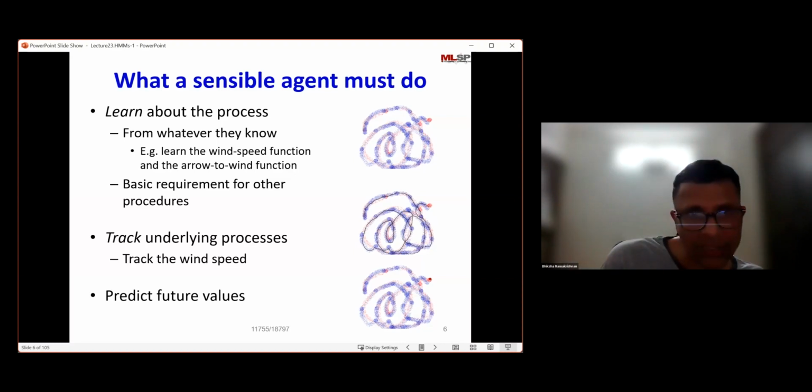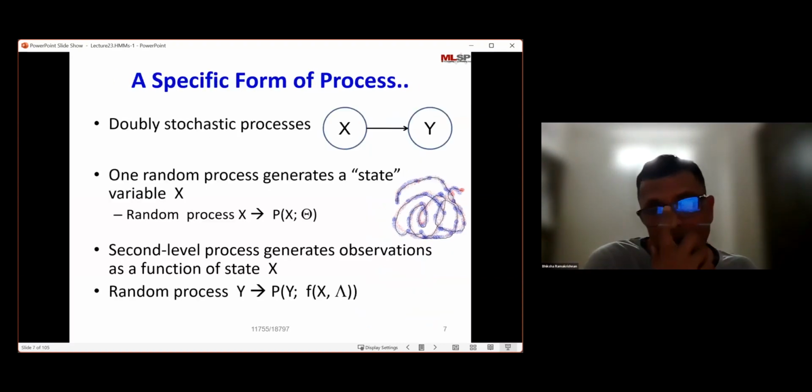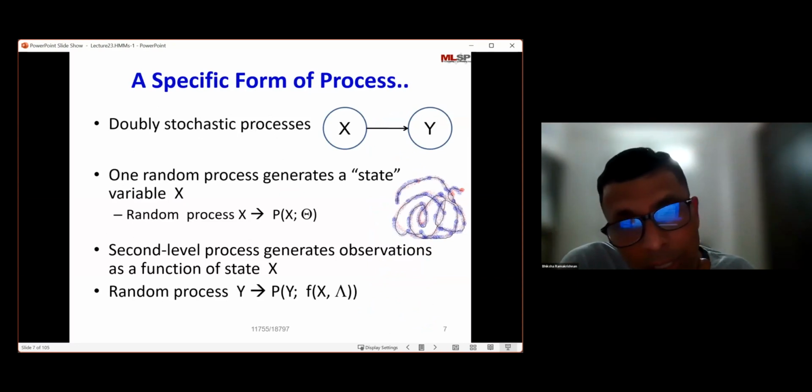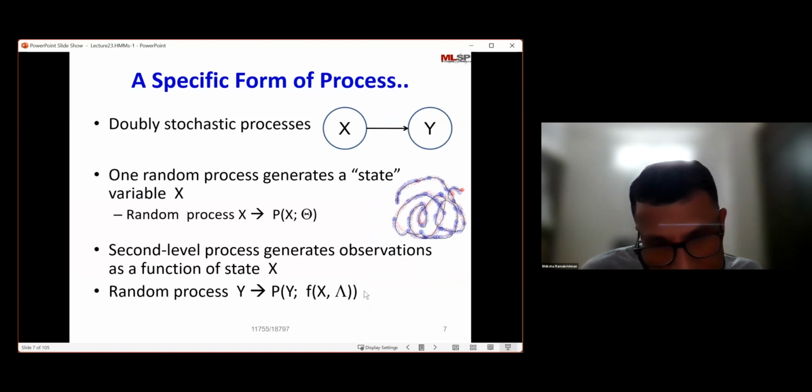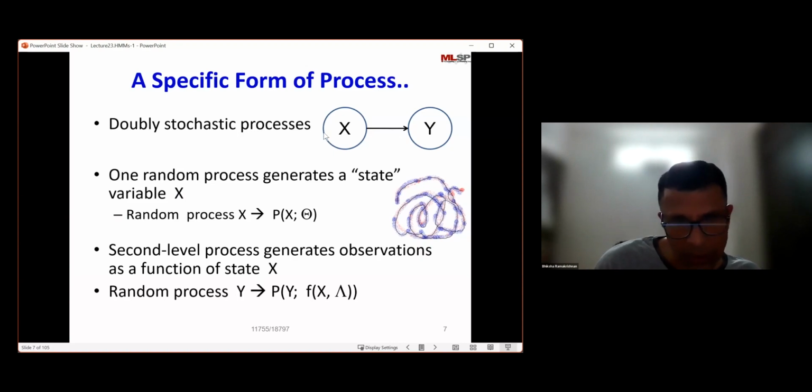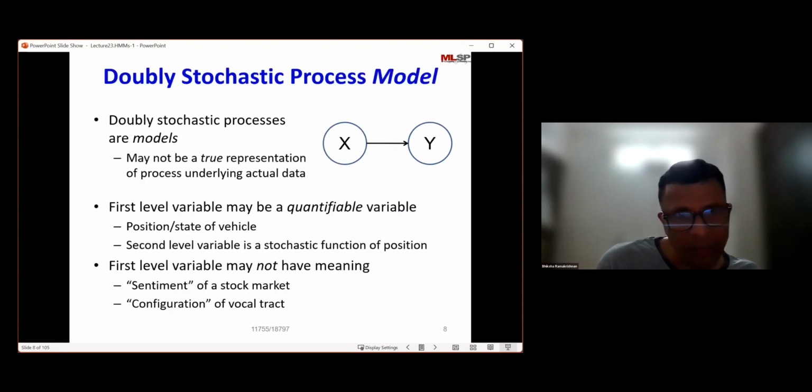Okay, I'll wait, okay? And a specific case of this is what is called a doubly stochastic process, where you have one random process which generates a state variable x, and a second random process whose probability distribution itself is a function of this state variable x. So it's a doubly stochastic process.